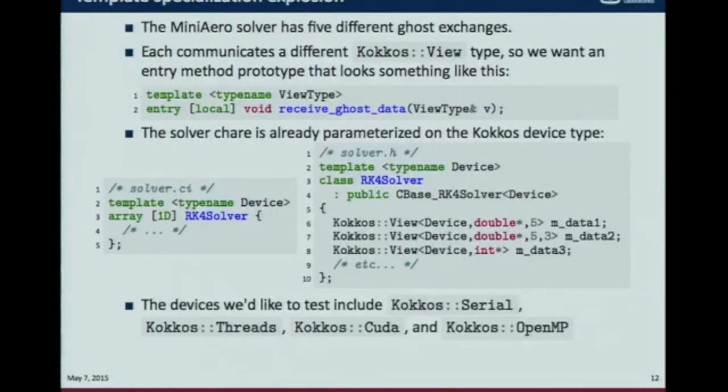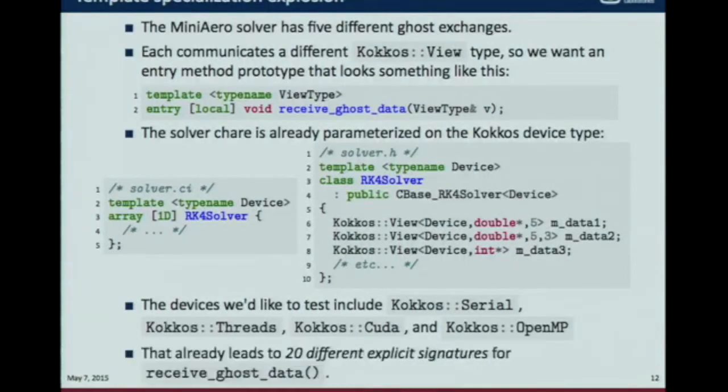So if we want to test, say, 4 different Kokkos devices, that means we have 20 different explicit signatures already for receive ghost data, all of which may be relevant.